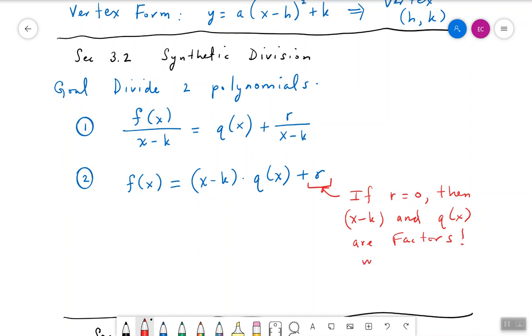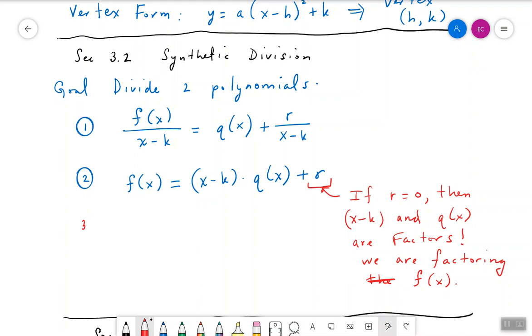And so we are factoring the polynomial, we're factoring f of x. And so then that becomes more important in just a minute, and then on into the next section.